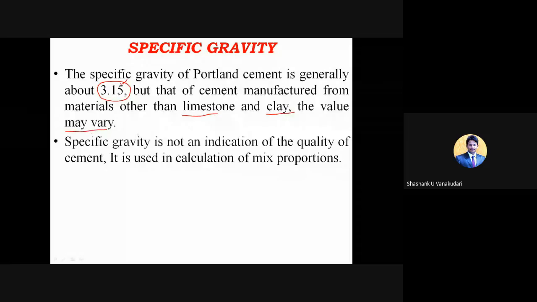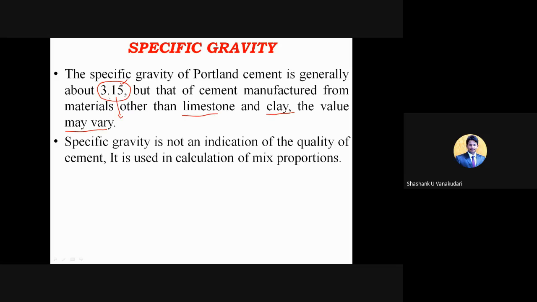And here the specific gravity is not an indication of the quality of the cement. It is used in the calculations of the mix proportion. So here, if the specific gravity of the cement is more, then you can use less quantity of cement. In concrete mix design, if the specific gravity is less, then the quantity of cement has to be more to achieve better quality. Understood?